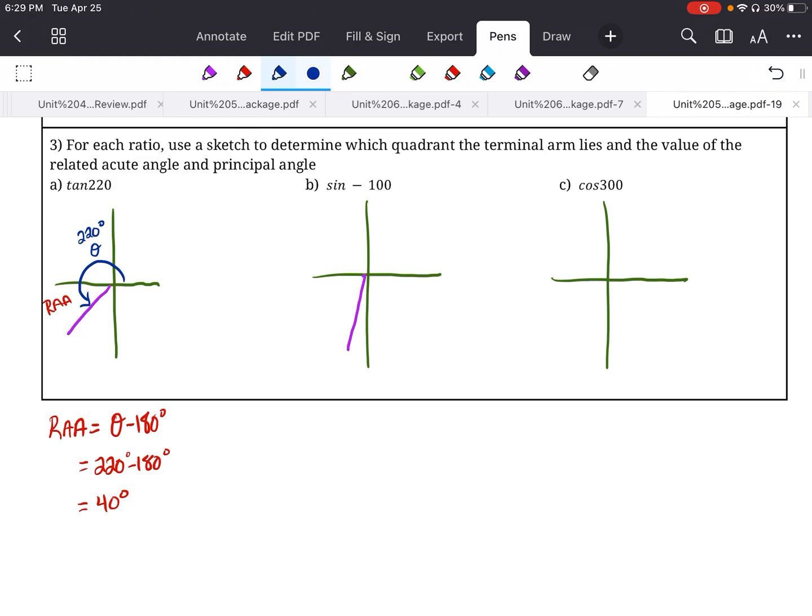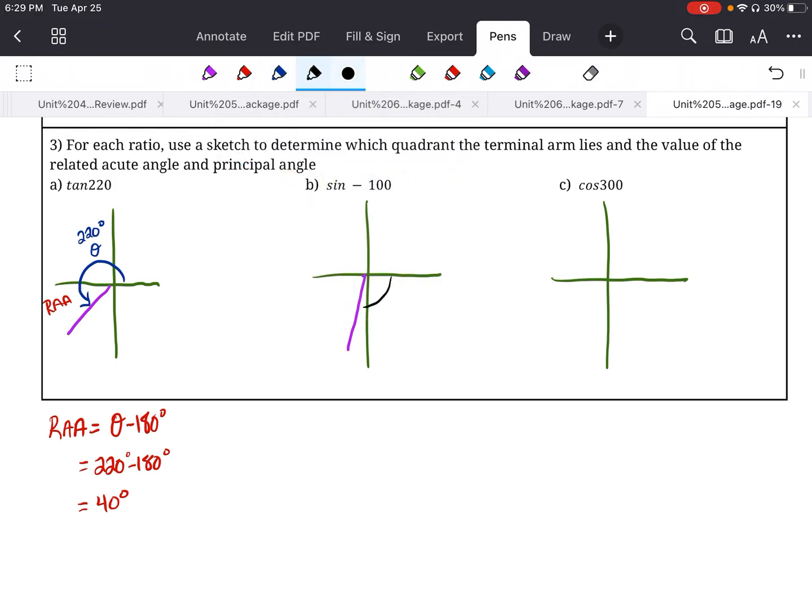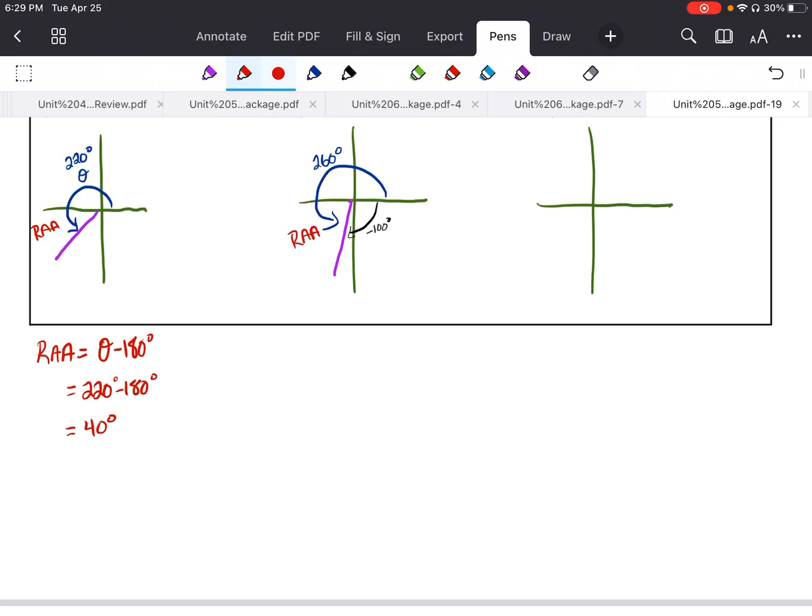So we did minus 100, and that means our principal angle, 360 minus 100, will be 260 degrees, and the related acute angle is here, again in quadrant 3.